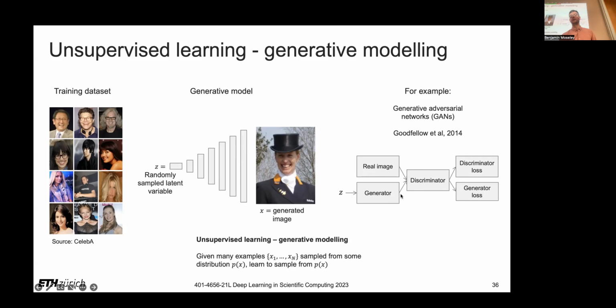The way that you train it is you have another network called a discriminator, which is given the generated image from the generator and a true image from our training data set, and has to tell which one is from the generator and which one is real. By doing that, you can train both of them in this competitive way. It's like a zero-sum game somehow. This makes the discriminator better, but the generator also learns to produce more realistic images, and the two compete in their training loss.